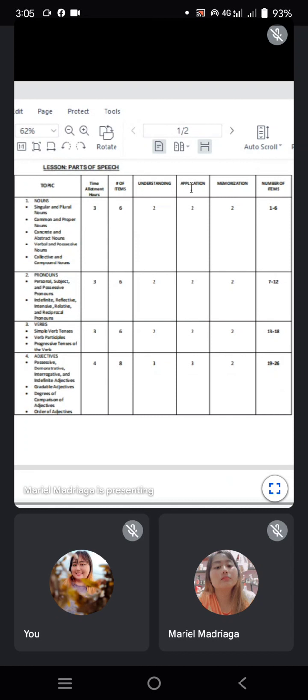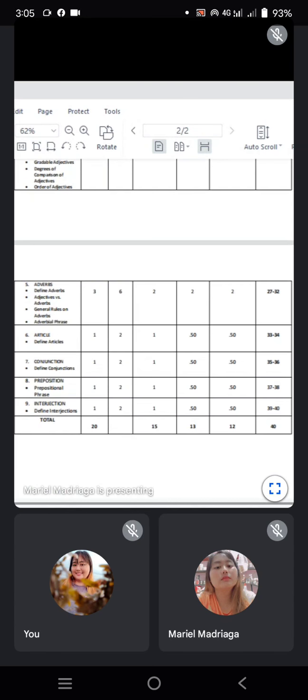cognitive domains. Now that I got the number of items, I distributed the points in the corresponding cognitive domains, which are the understanding, application, memorization. After I distributed the points, I totaled it and got 40 as the result here.